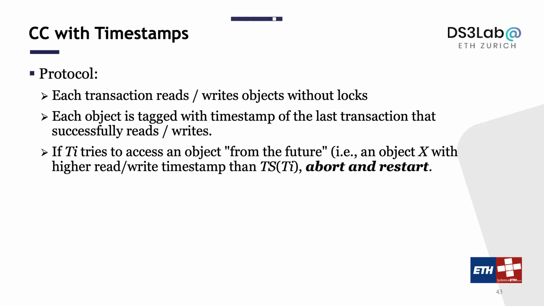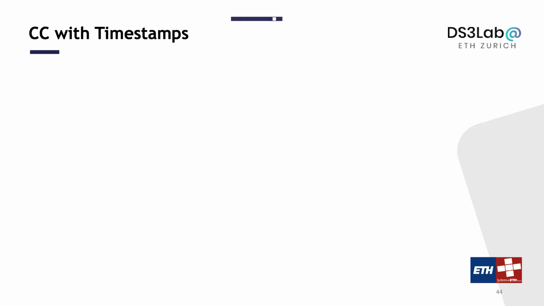It can only see changes made by transactions that happened in the past, where past is defined by the timestamp. So as long as you follow this protocol, you are going to have a serializable schedule, because you are enforcing that it be equivalent to one predefined serial schedule, okay?